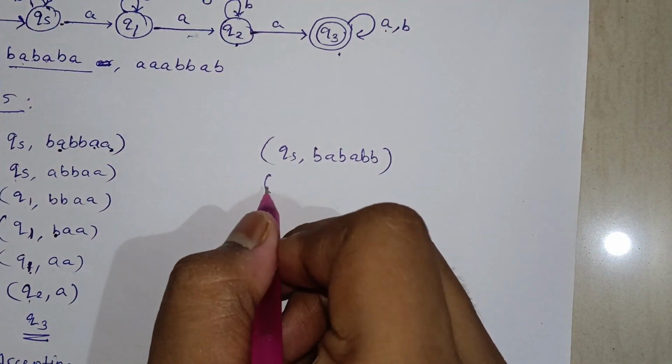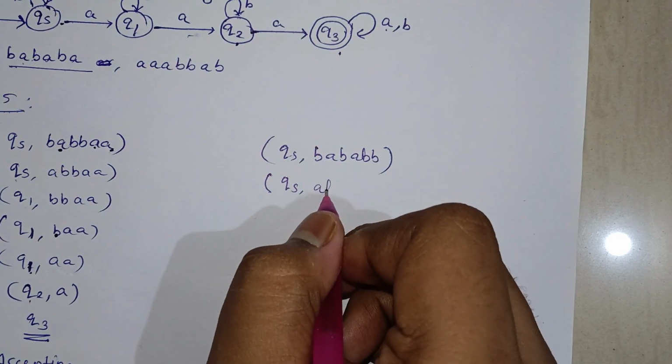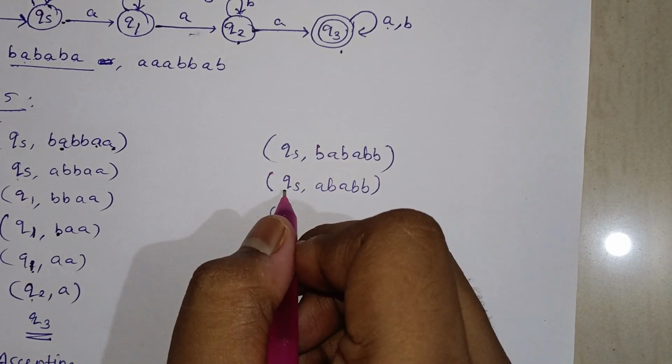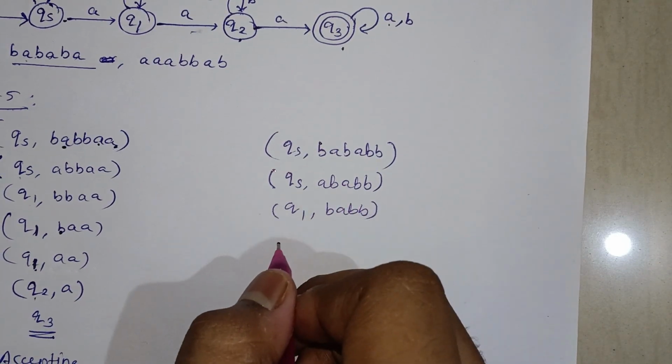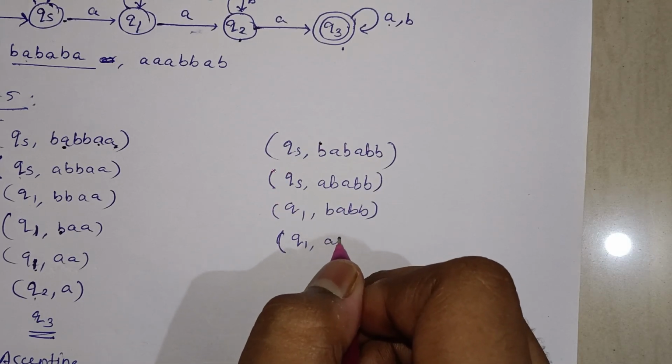So start solving. Qs receives b, it is in Qs, a b a b b. Qs receives a, it goes to Q1, b a b b. Q1 receives b, it stays in the same state, a b b.